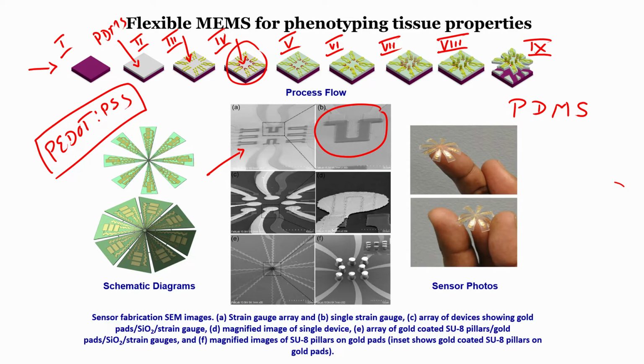Now, a lot of steps I told, and I am sure you do not remember, is not it. So, we will go one by one, and I will tell you how we fabricate such a sensor layer by layer.